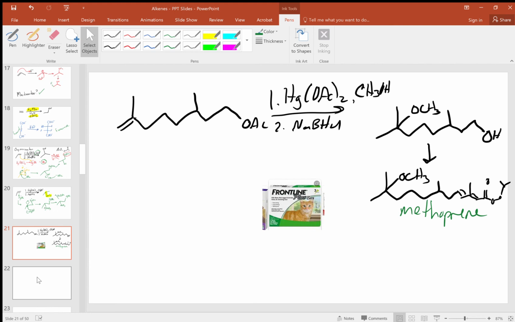Now there's one major problem with these hydration and oxymercuration reactions. Because these are both Markovnikov reactions, there's no way to make a primary alcohol in any of these reactions. Because for any alkene, the primary alcohol is always going to be the less substituted alkene.